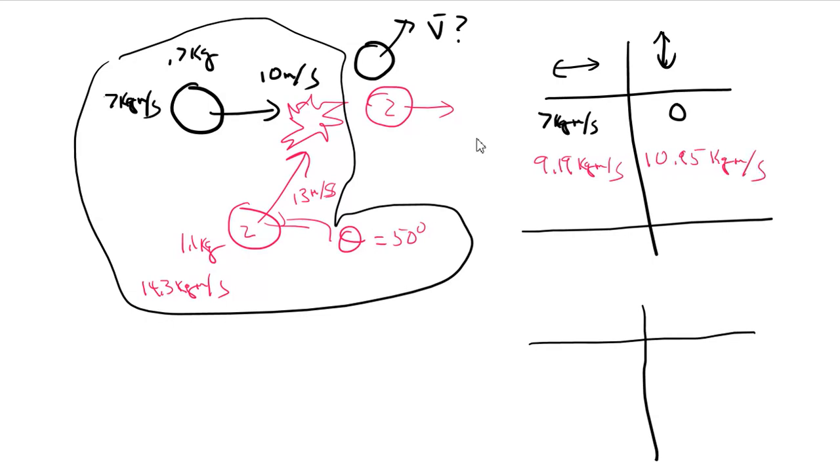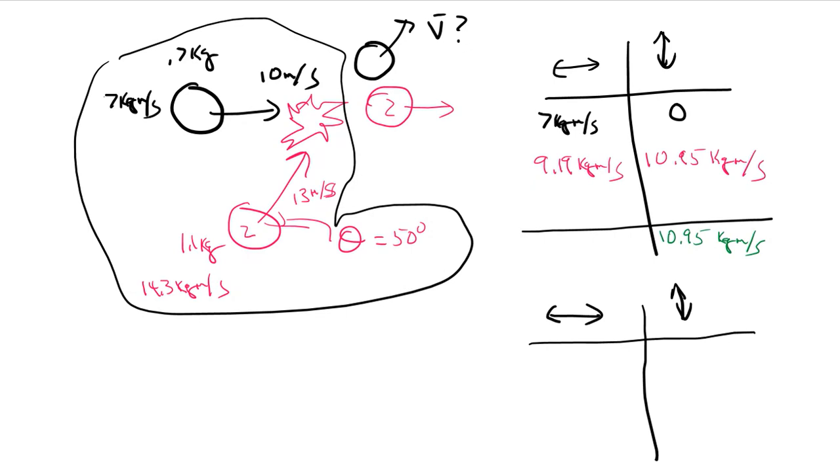Now, I think I have to give an angle. I do. So after this hits, let's keep going with it for a second. The total momentum vertical is 10.95 kilogram meter per second.